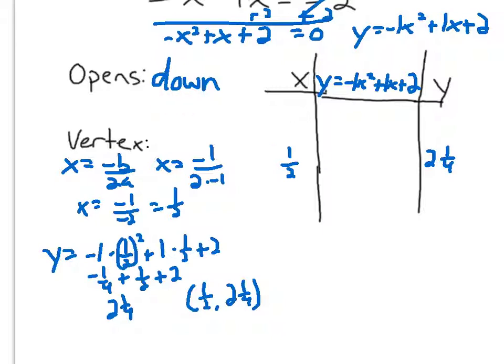Now what I want to do is the next step. I'm going to pick points on either side of my vertex here. To make a shape so that I'm going to be able to tell how the parabola kind of goes together and how quick it rises, I'm going to tell you to put 3 points on both sides. Well, let's think about a half here. So I want 3 points that are lower than that. But I don't really want to use halves, so I'm going to go to the next whole number underneath a half, which is 0.